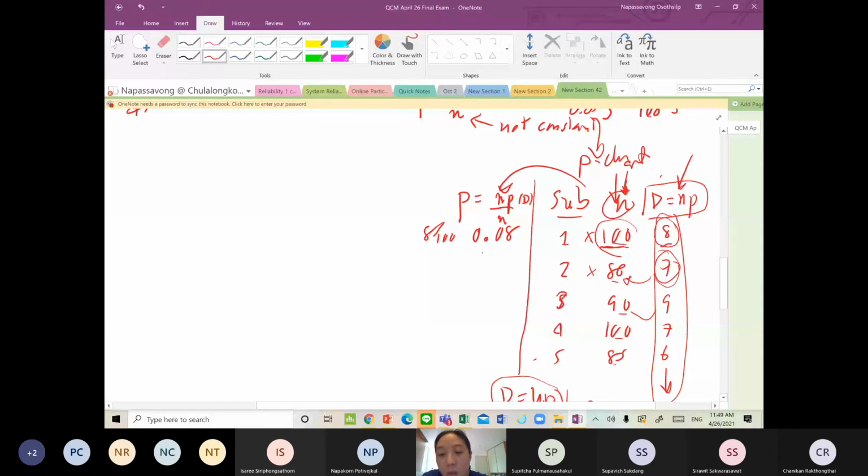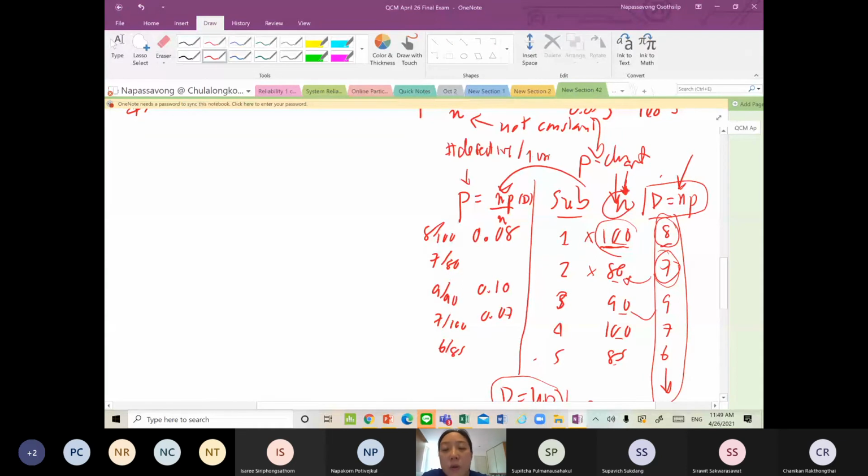And 7 over 80, you can calculate it. This is 9 over 90. 7 over 100. 6 over 85. Okay, so now P means the number of defectives over 1 unit that we sample, right?